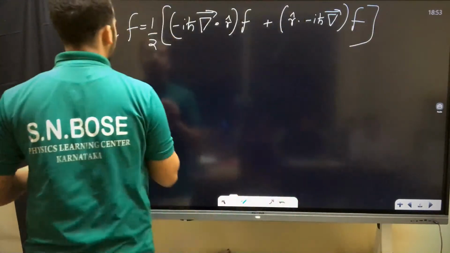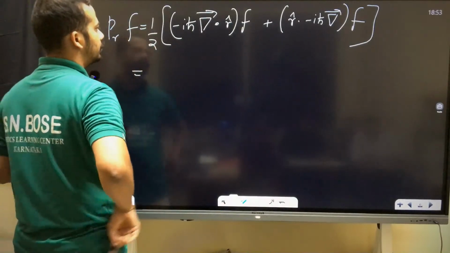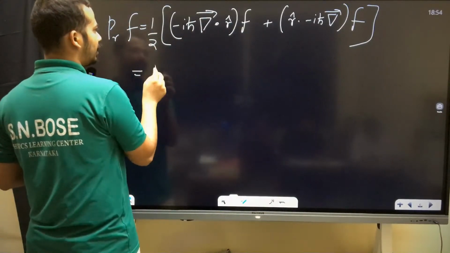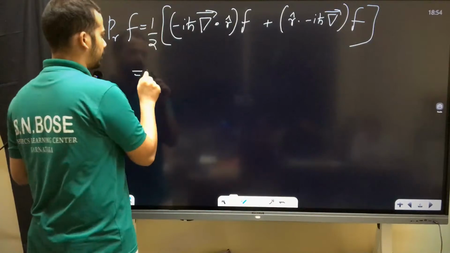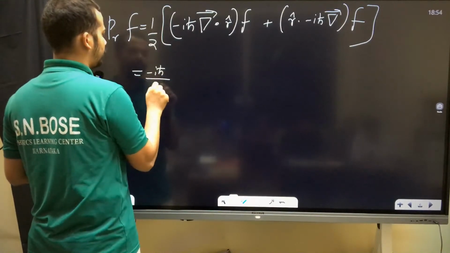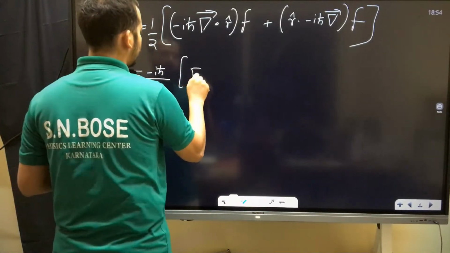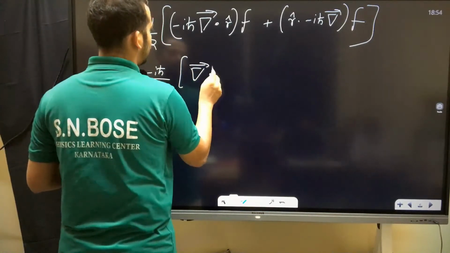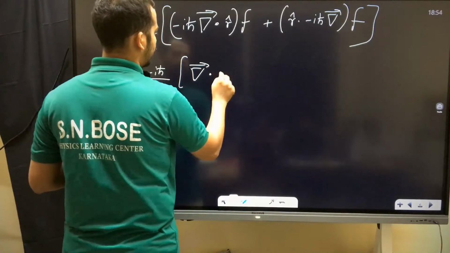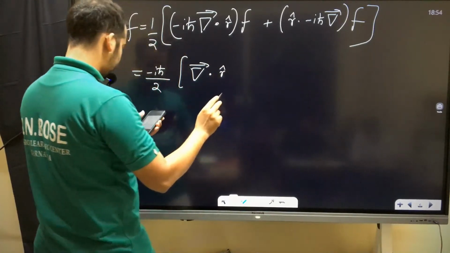So now I think I can take minus i h bar by 2 outside. So this is nothing but gradient dot r cap f. Can I write it like this?